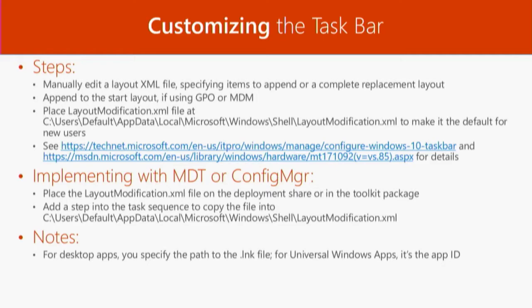Yeah, don't memorize that. Fortunately, it is mentioned in the TechNet documentation, and you'll be able to get these slides and pull it up from there as well. Now, it gets a little tricky when you put in additional items that you want to pin, because you have to specify either the application ID for a universal Windows app or the path to the LNK file for a desktop application.